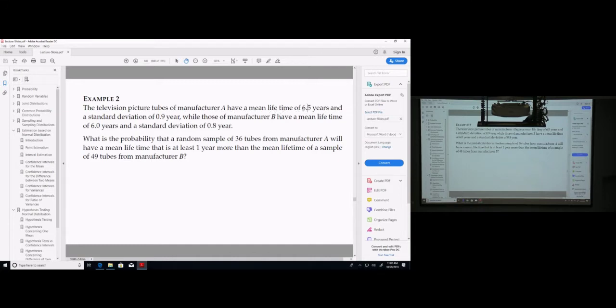Of course, manufacturer A has a longer lifetime, but also has more variation. And manufacturer B has a shorter lifetime, but smaller variation. Of course, this is not in the question itself. Suppose manufacturer B offers a slightly better price for making a television.